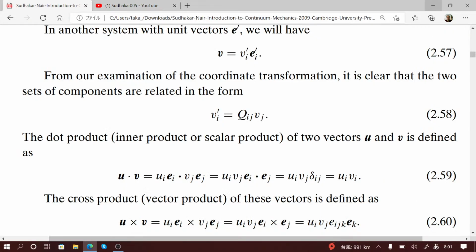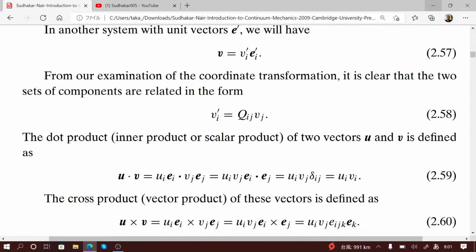In another system with unit vectors e_i prime, we will have v equals v_i prime e_i prime. From our examination of the coordinate transformation, it is clear that two sets of components are related in the form v_i prime equals q_ij v_j.